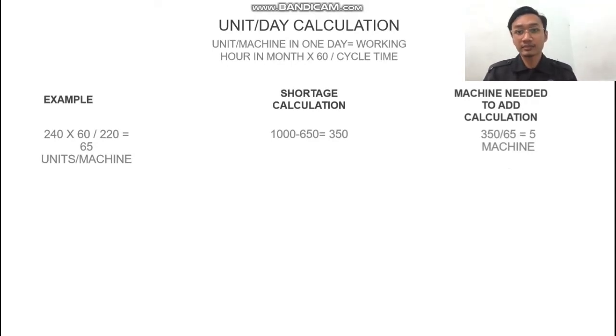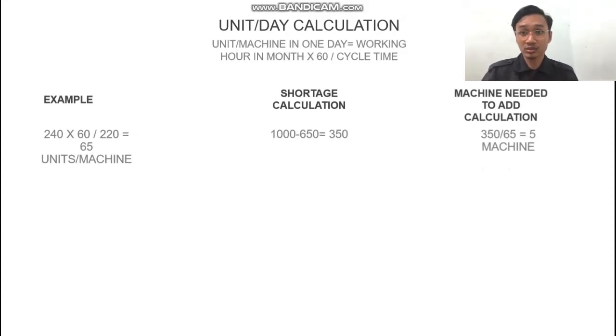For the example, we have 24 days per month and 10 hours per day, so 24 times 10 gets 240 times 60 divided by cycle time, which is 220 minutes, equals 65 units per machine.